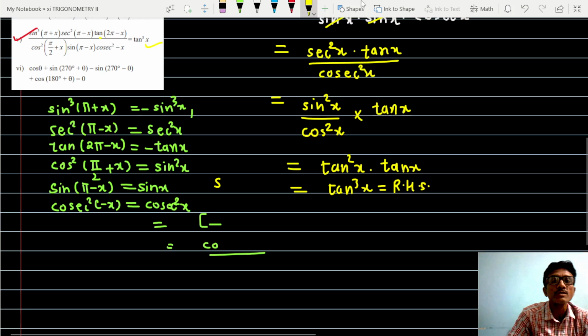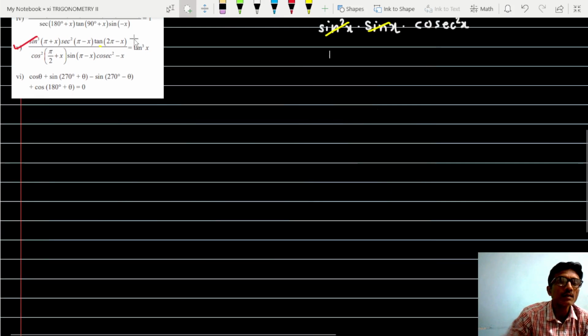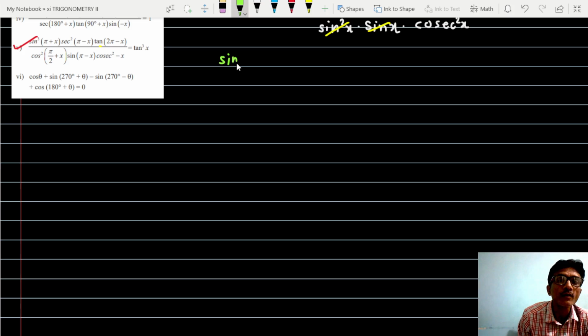The next, last question of this exercise, is cos theta plus sine of 270 degree plus theta.